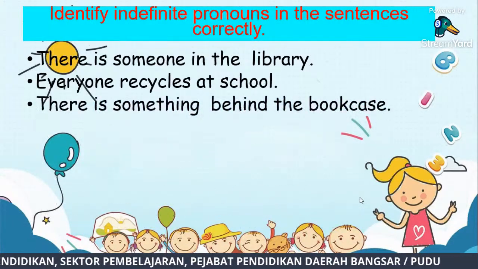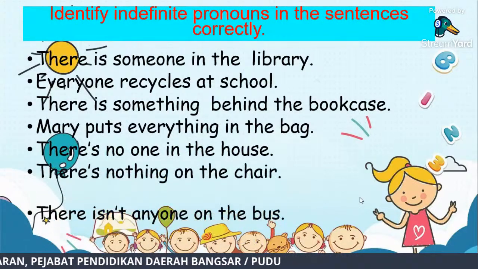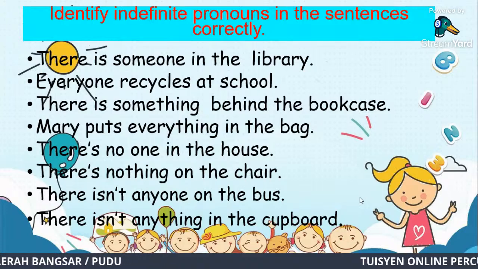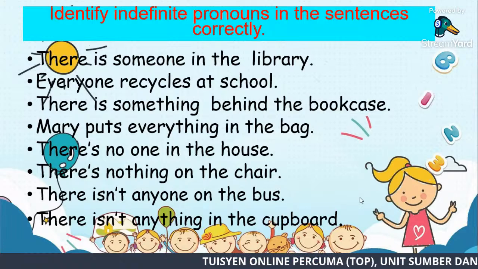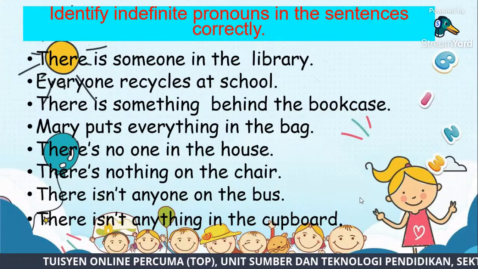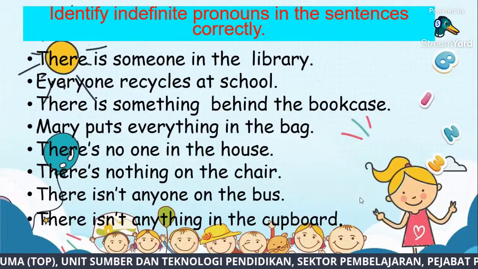I have some sentences here, and we're going to identify the indefinite pronouns in them. The first one: there is someone in the library. So where is the indefinite pronoun?